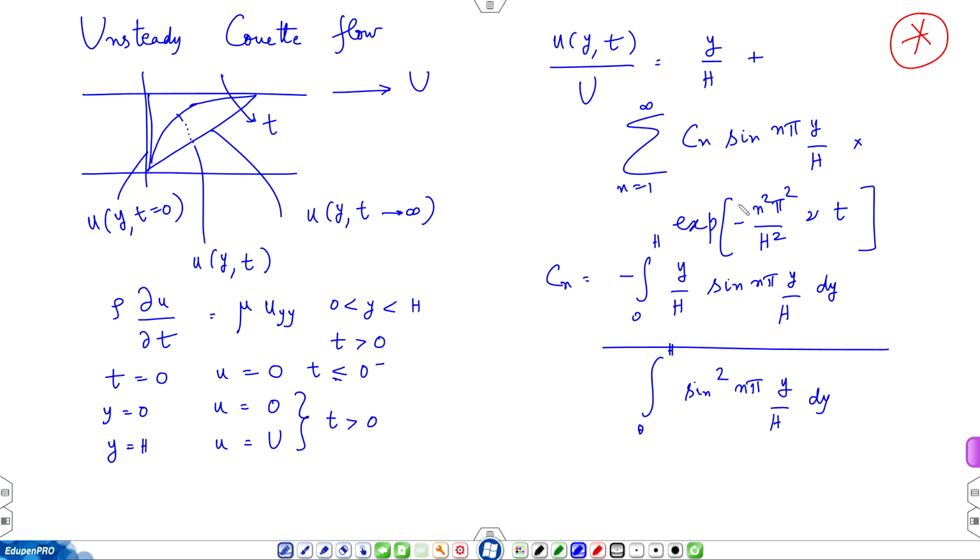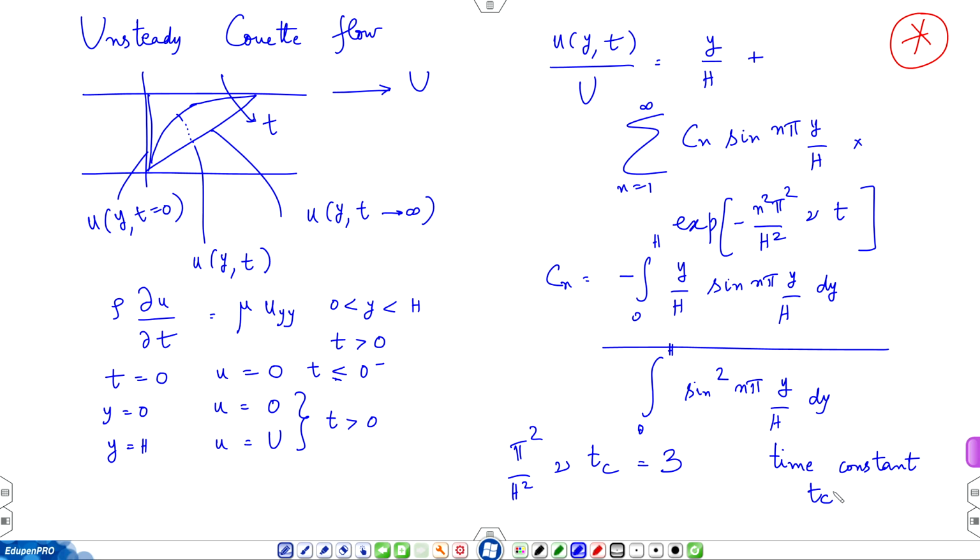So, you can define a characteristic time scale equal to 3, which will give you the time constant of the transient process.